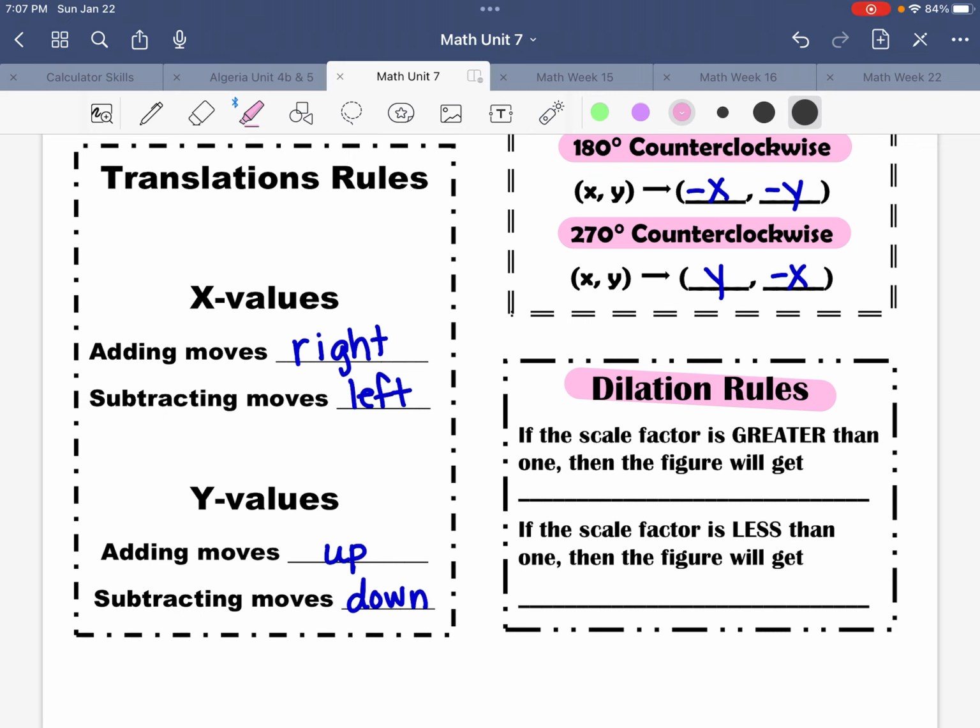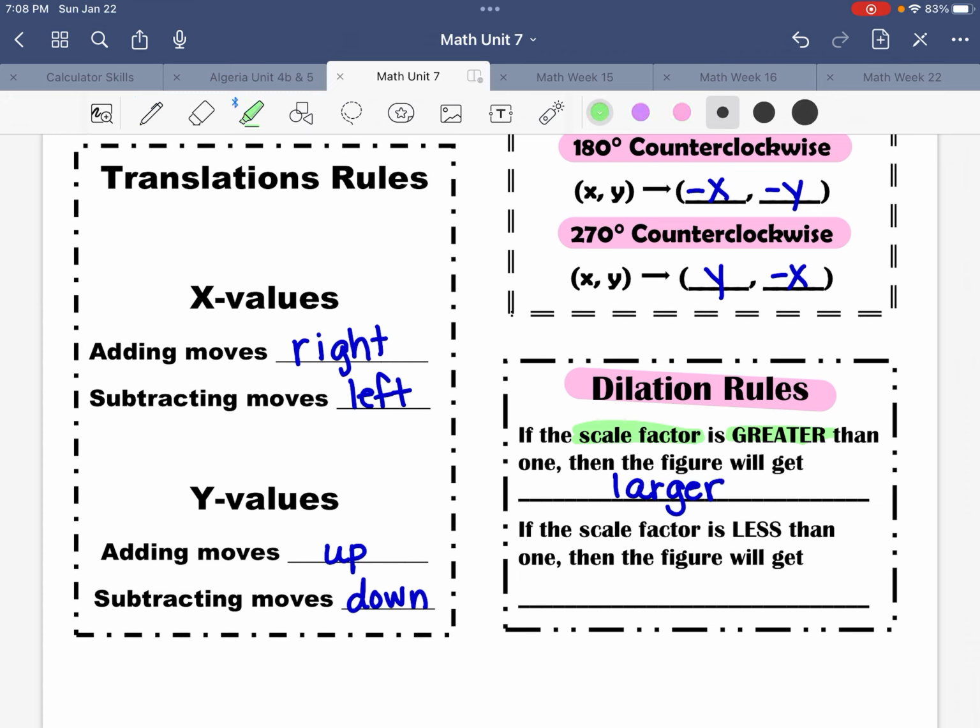Dilation rules. If you're dilating a figure, you're multiplying it by a scale factor. And the scale factor is always going to be a number. And if that number is greater than 1, then the figure will get larger. Pretty common sense, pretty easy to remember that.